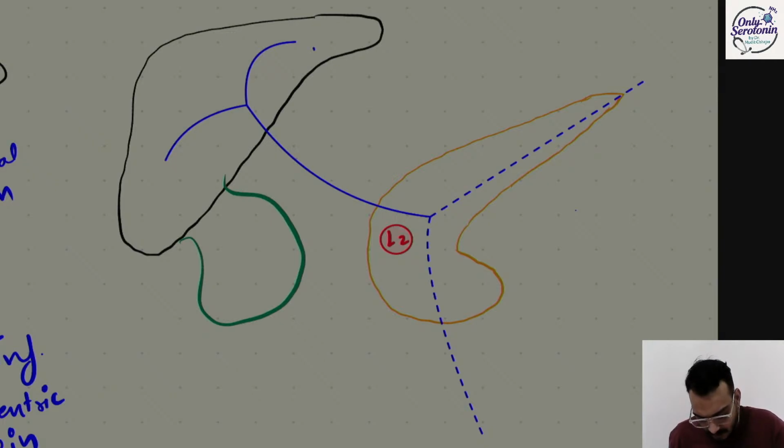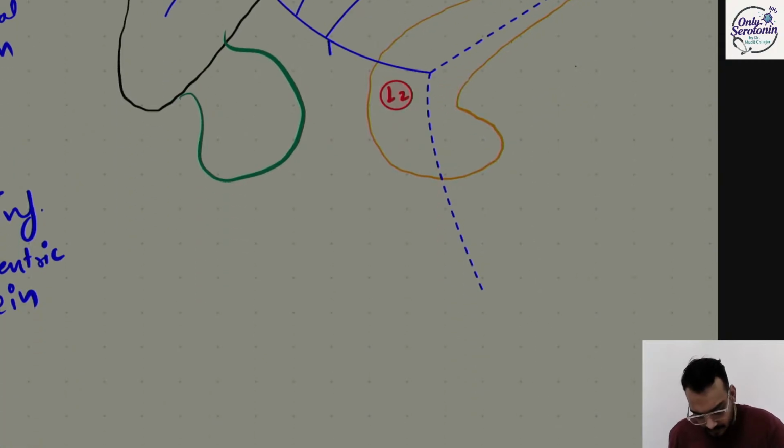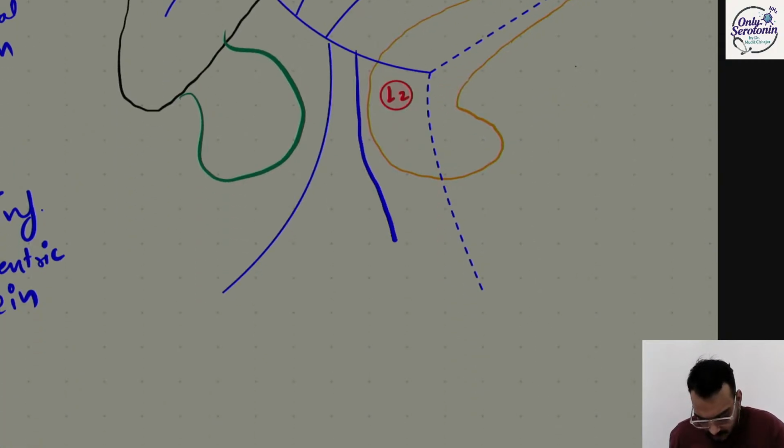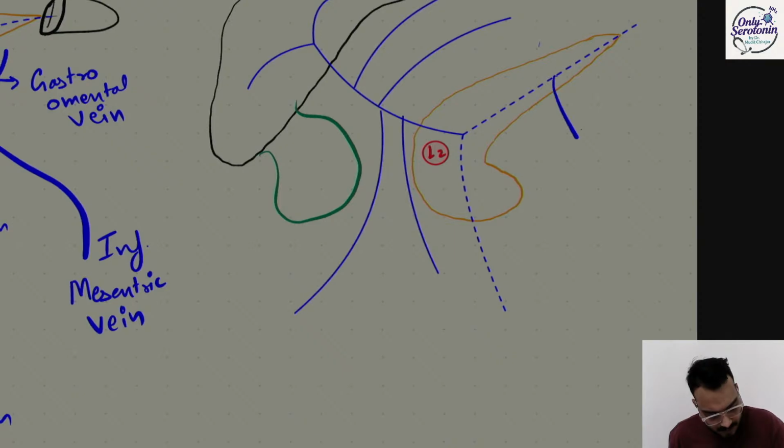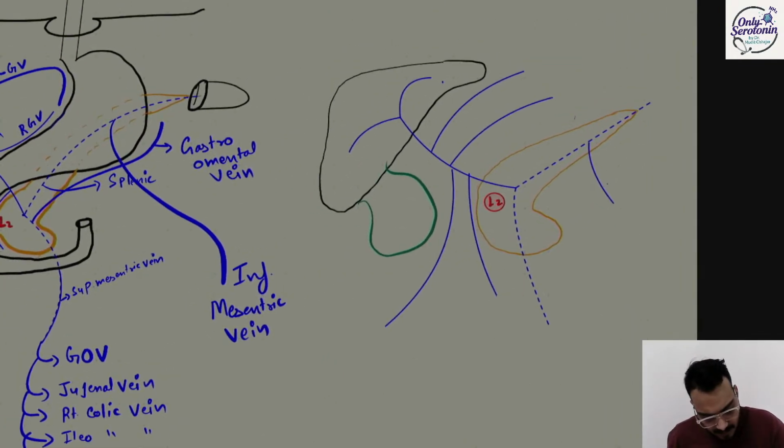I am having the left gastric vein, right gastric vein, umbilical vein and superior pancreaticoduodenal vein, right? And from this I am having the inferior mesenteric vein. Let's label it, guys. So this is the main vein. It is my portal vein.